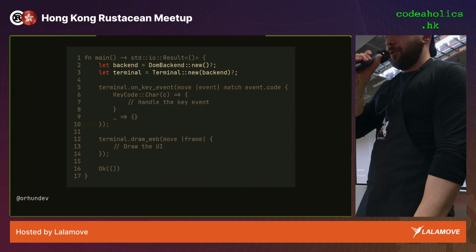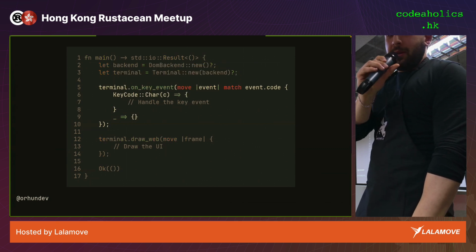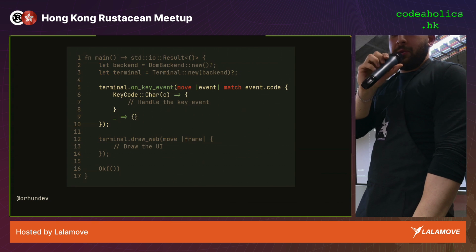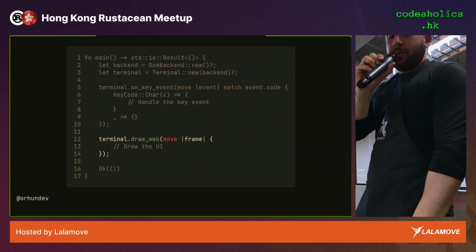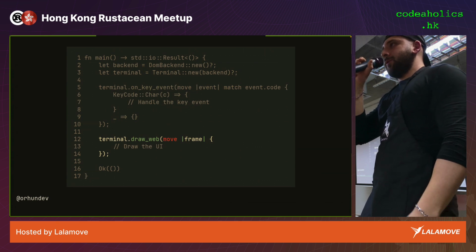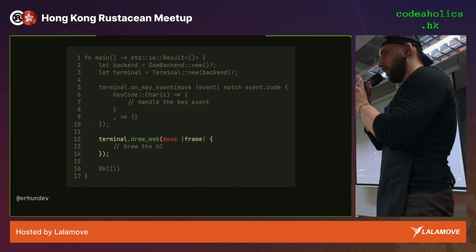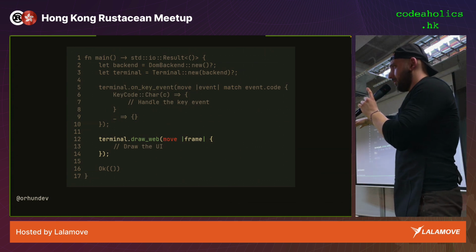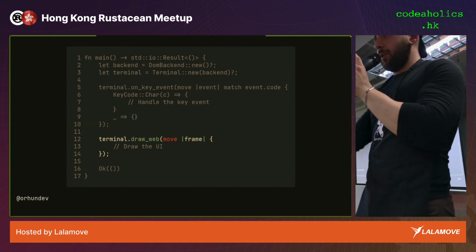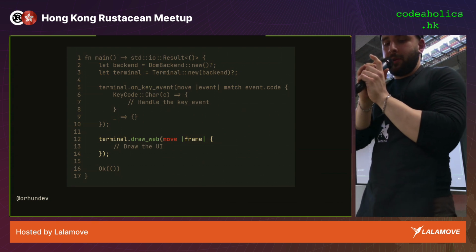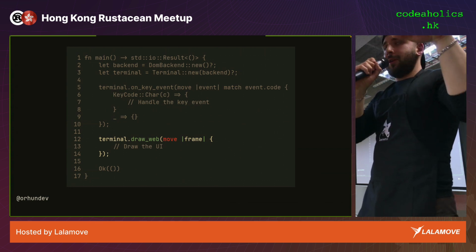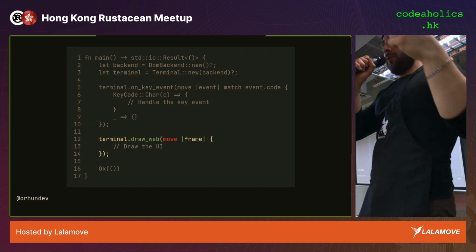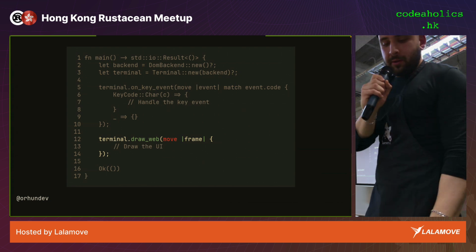You basically define the terminal and call on key event, which gives you some keys, and you just handle the key events there, and you just call draw web function instead of draw, and it will give you the frame, and on the frame you can just render whatever. I'm using TachyonFX, the first animation library that I showed you, on the web, so it works there as well.